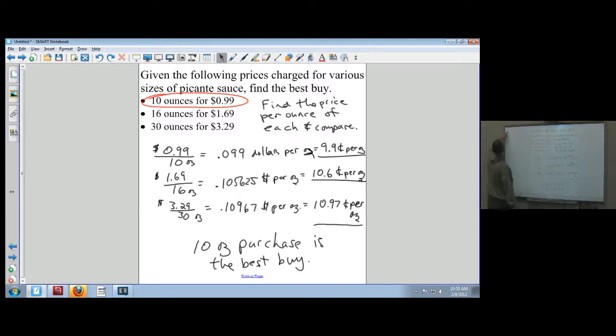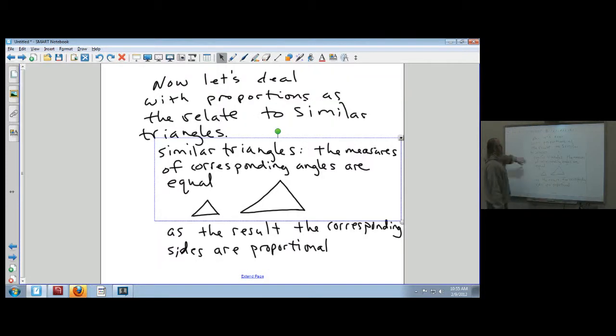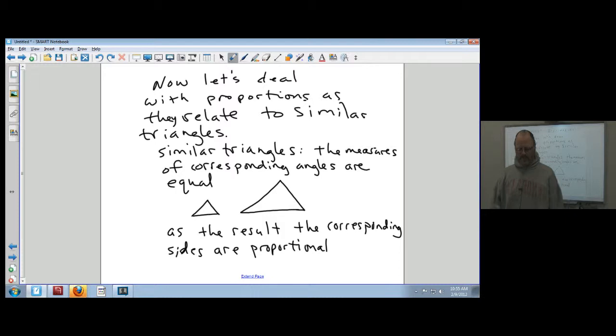Let's look at another example here. Let's deal with proportions as they relate to similar triangles. What exactly do we mean by similar triangles? Well, the definition of similar triangles is right here.